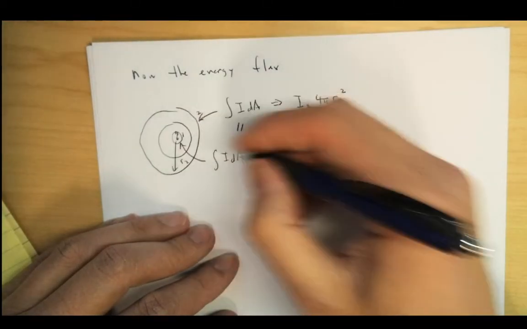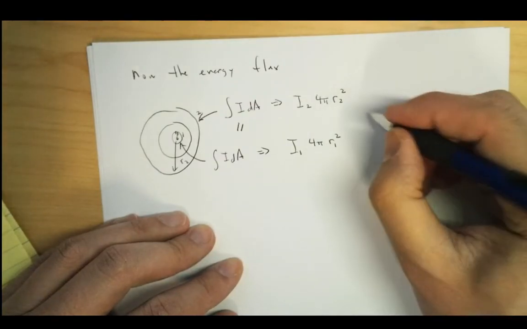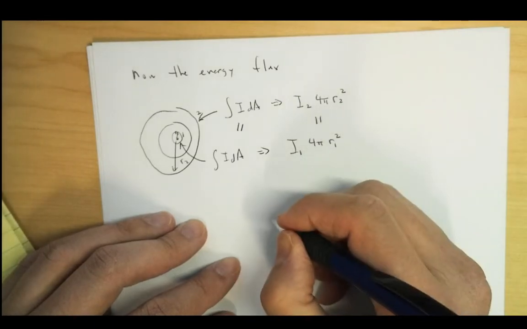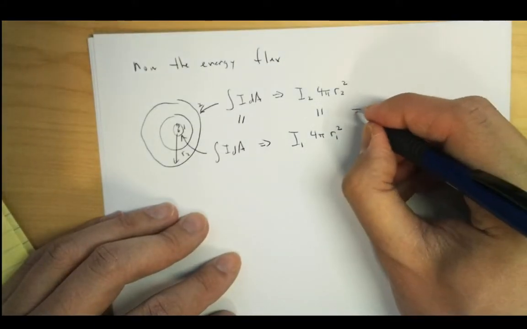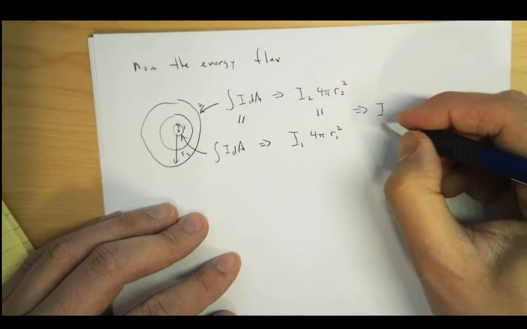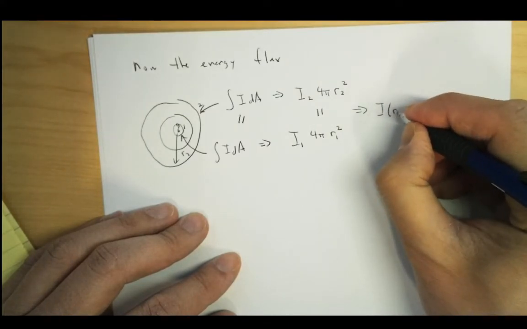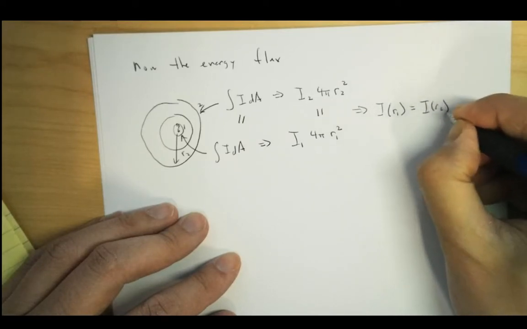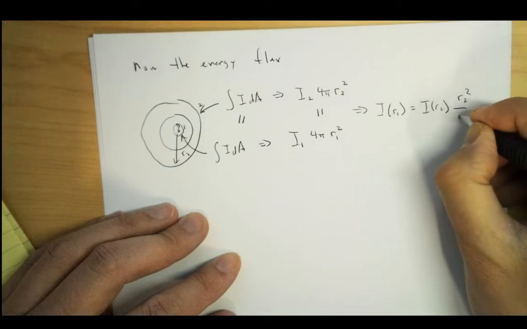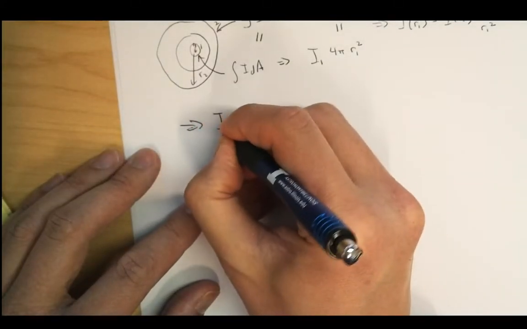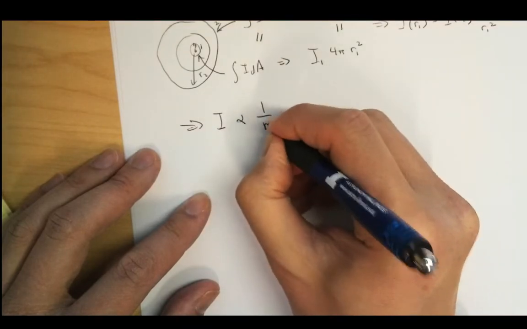These two, so imagine 3D surfaces, have to be equal to each other. And so this implies that I at R1, which is I1, is equal to I at R2 times R2 squared over R1 squared. And so what this implies is that I is proportional to 1 over R squared.